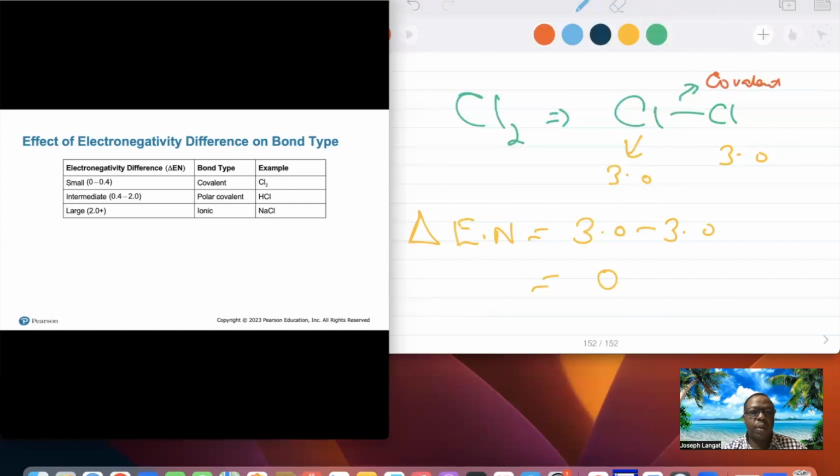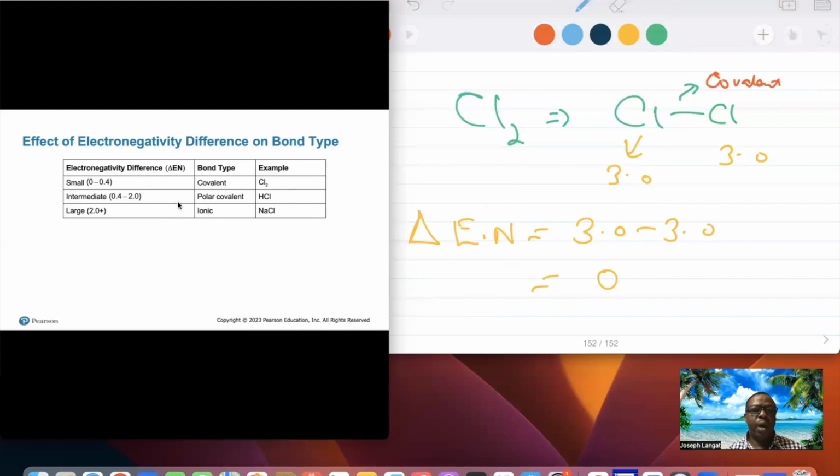Just typical covalent, and if it's larger than 2.0, ionic bond. So that's how you use the second element minus the first to give you the region you need to look at.